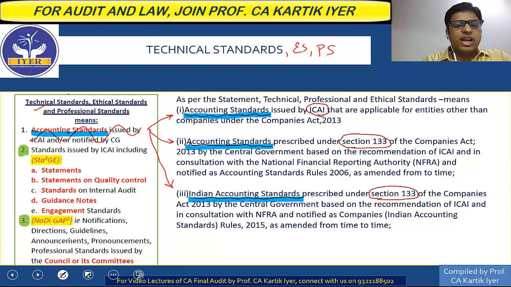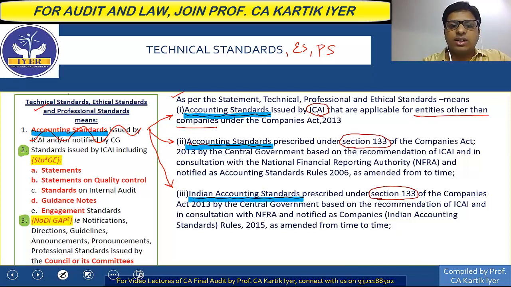First, they are writing technical standards, ethical standard, professional standard means, and first let's do this point. As per the statement, technical, professional, ethical standard means accounting standards issued by ICAI that are applicable for entities other than companies under the Companies Act 2013.